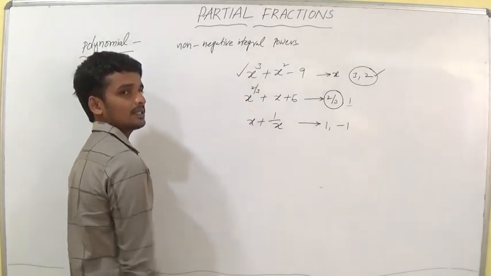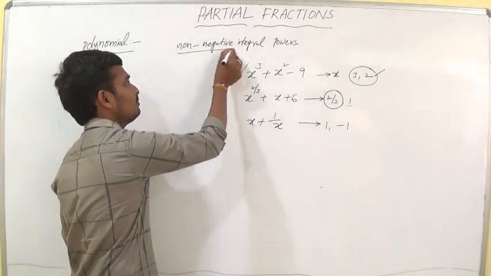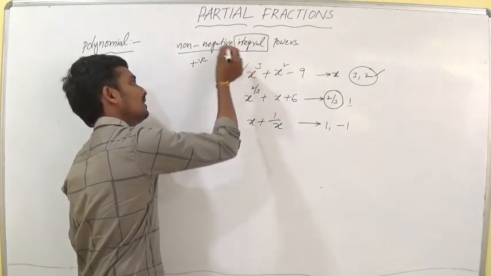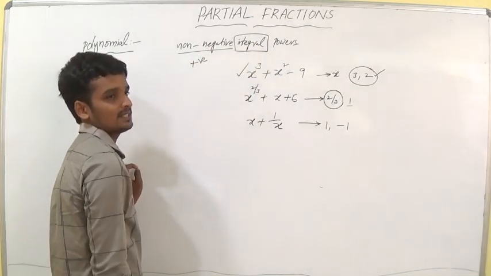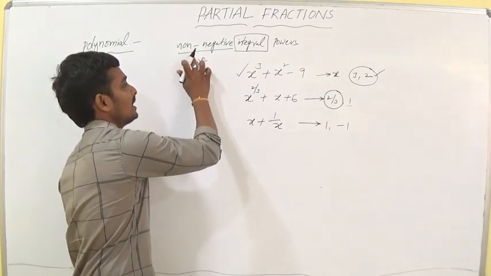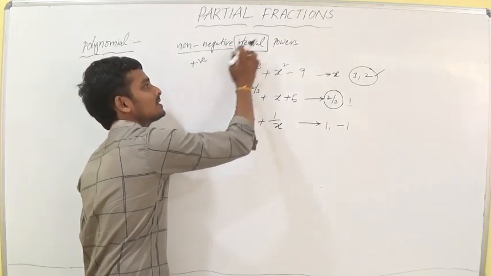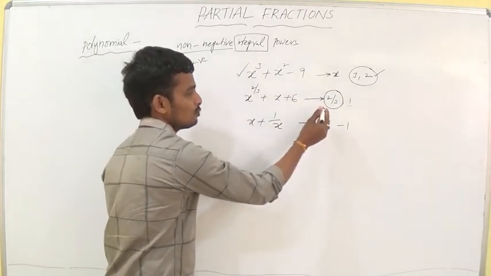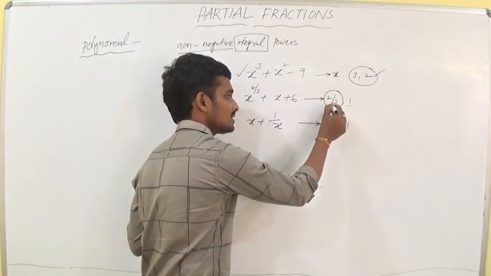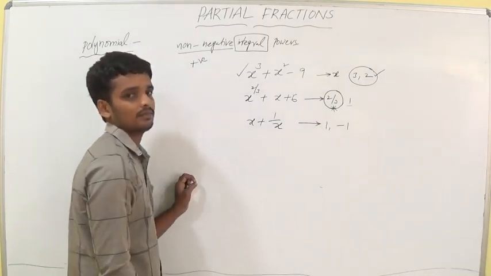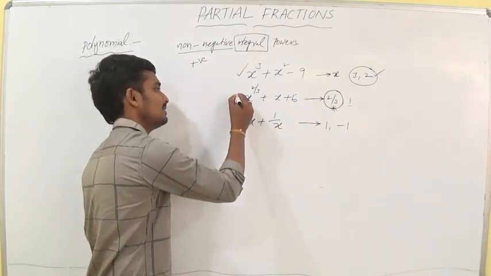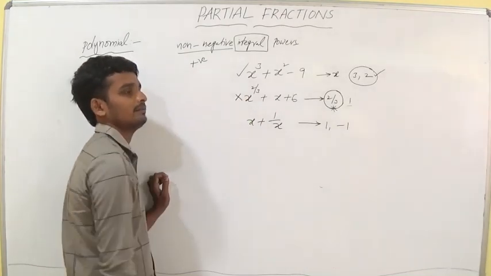Non-negative means positive and they must be integers. Here, 2 by 3 is not a positive integer; this is a rational number. So we are saying this is not a polynomial.